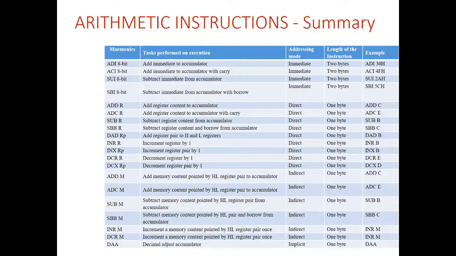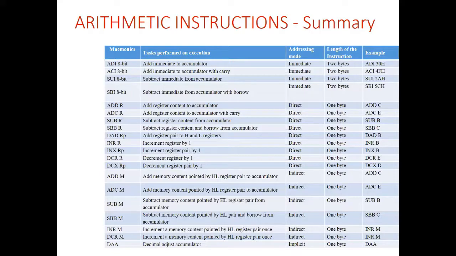Yes, sir. Okay, the INX and DCX instructions are used with any register pair. We have 3 register pairs: BC, DE, and HL. You can use any one of them if you would like to increment or decrement it. For the decrement operation, it is written as DCX D. The meaning is that the content of the DE register pair will be decremented by 1.